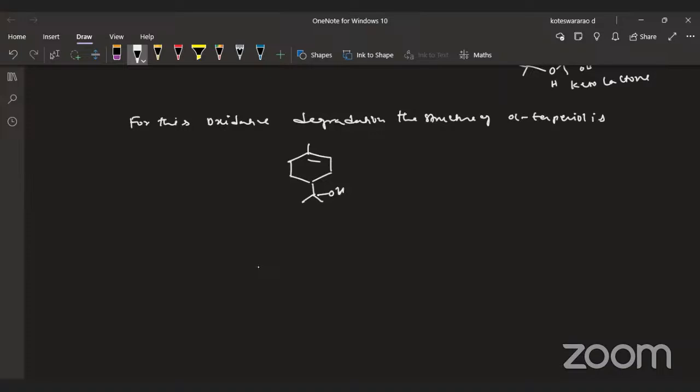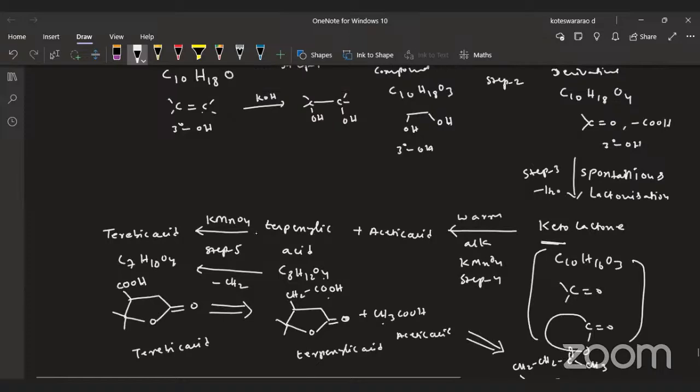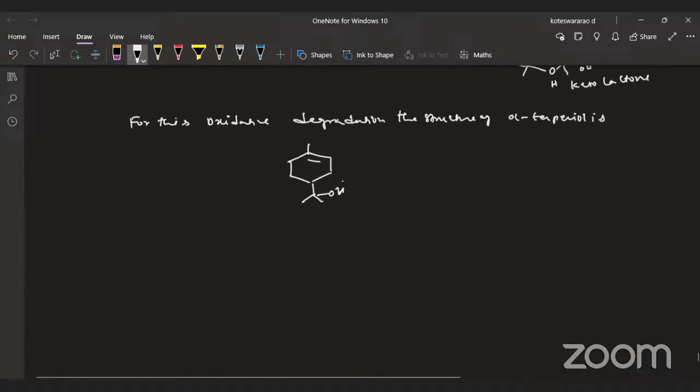From the structure, you can redraw the degradation products. You can do it yourself by following your book. Okay. Now, finally, the structure of it is very much important. You need to formalize all the degradation products by using this alpha terpinol.